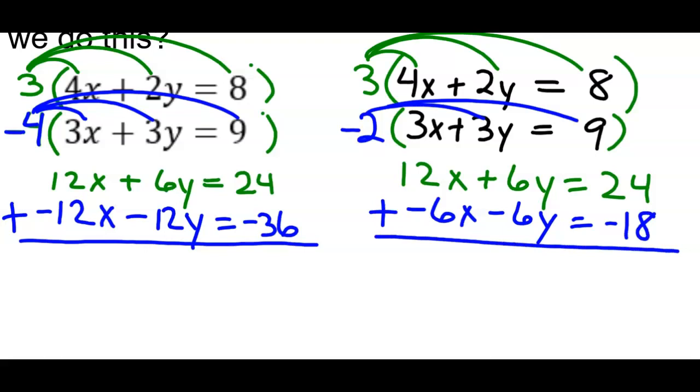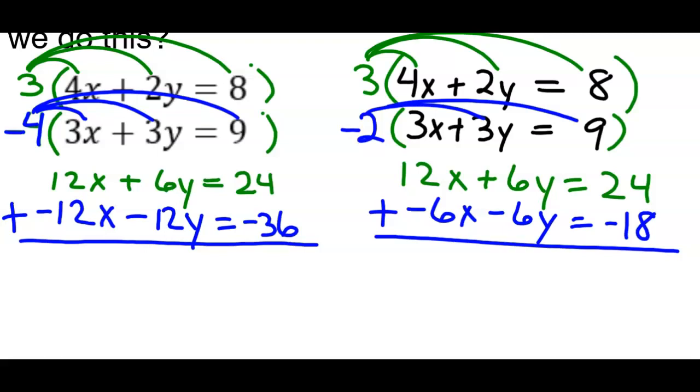So it doesn't matter which you do. You could do this method and get rid of your y's, or you can do this method and get rid of your x's. But you don't have to do both. I'm just showing you that you can do either one. So if you choose to get rid of your x's, because they're in front for whatever reason, you're going to do this problem. But if you wanted to get rid of your y's because you like smaller numbers, then you would do this problem.